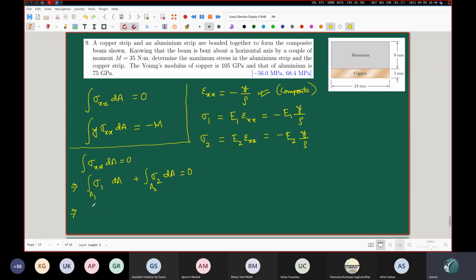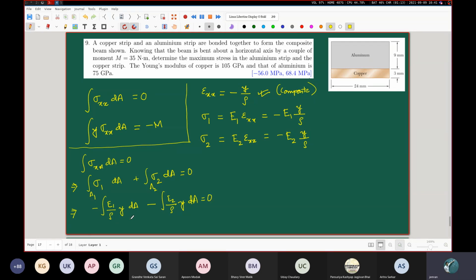So this sigma 1 I can substitute like this, E1 by rho times y dA minus E2 by rho y dA.